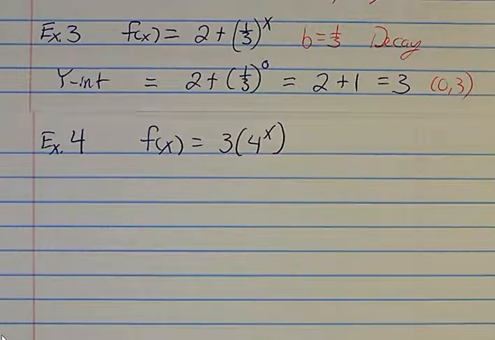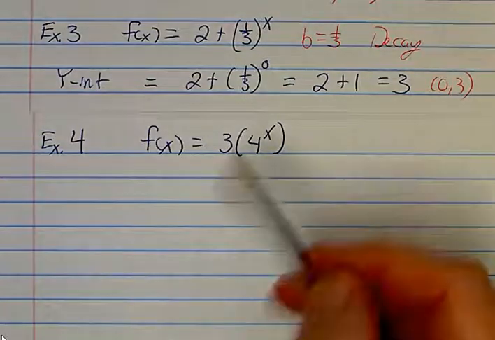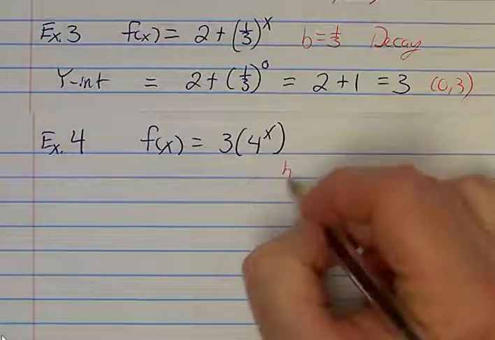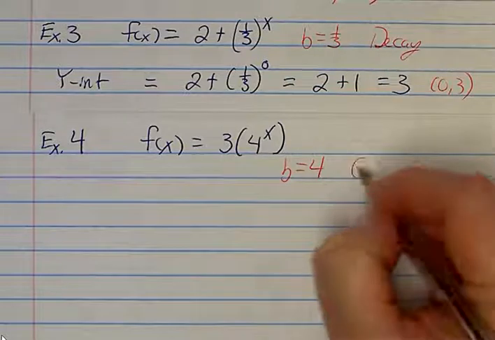Even though it looks different, and again, it's not a big difference, they just kind of move the parentheses around. It's still 4 to the x power, so your base is still 4, which means this one's going to be a growth.